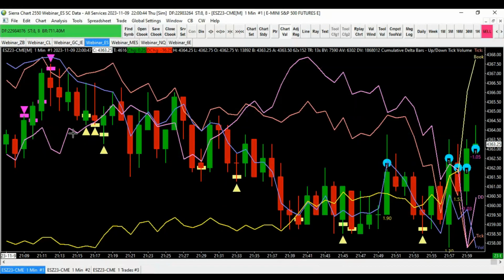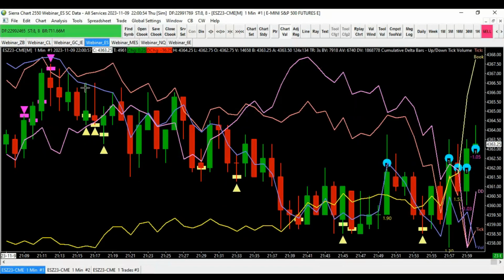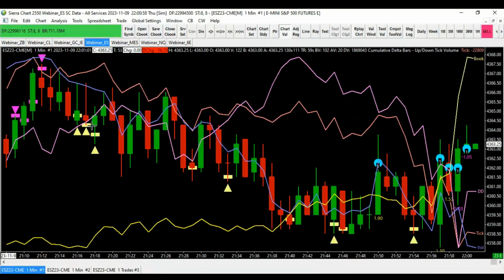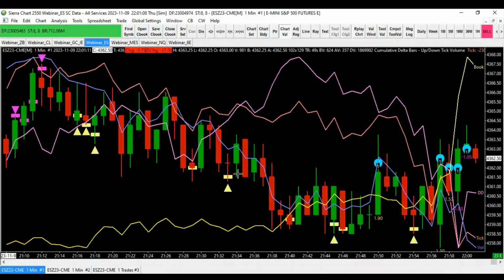Here the delta difference is starting to move up when the volume is moving down. So sometimes that can be a good buy signal. It didn't go too far there before it reversed. But again, you would have got a few ticks out of that in each case. Again, as I say, it's a scalping indicator, so you don't stay in the trades too long.